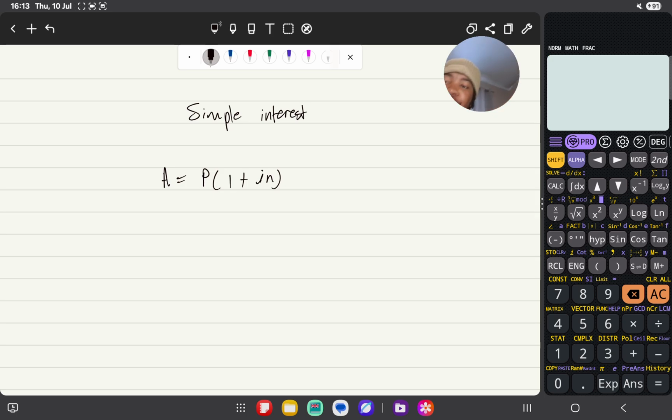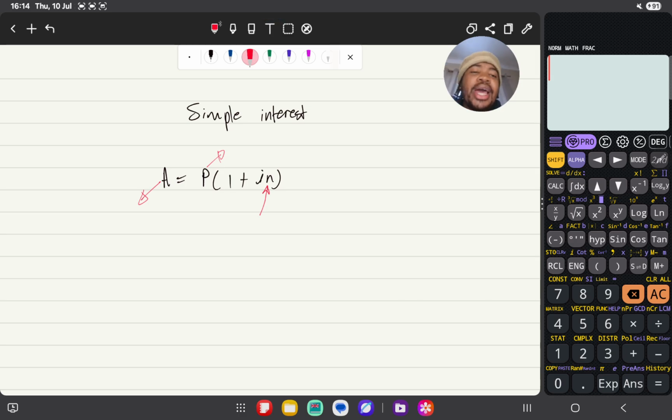Before I go deep, let me just identify a few things. This right here is the principal amount, which is the money that you had, the money that you invested. And this one right here is the accumulated amount, meaning the money you have accumulated after the duration. And here's the duration, which could be a number of years.